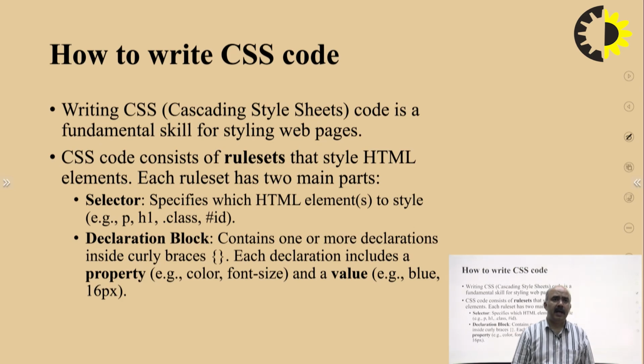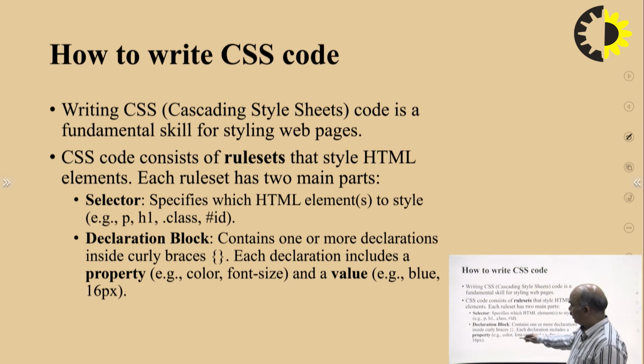Writing this code is a fundamental skill for styling web pages. CSS consists of rule sets that provide styles to HTML elements. These rule sets consist of two basic main parts: one is the selector, and the other is the declaration block.